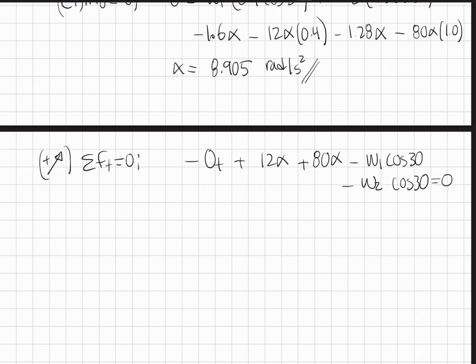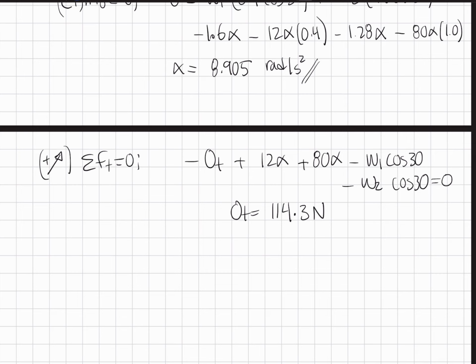And these W's and the cosines are basically looking at the contribution of gravity to the tangential force direction. This is one equation, one unknown. We already know alpha, and OT is basically equal to 114.3 newtons. Okay, good. That's one component.